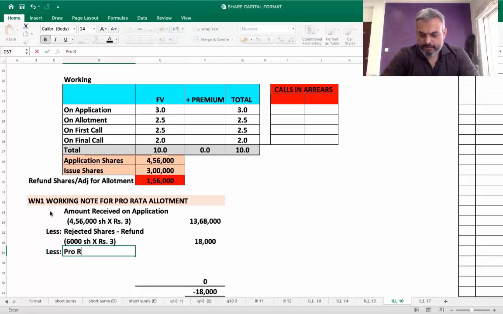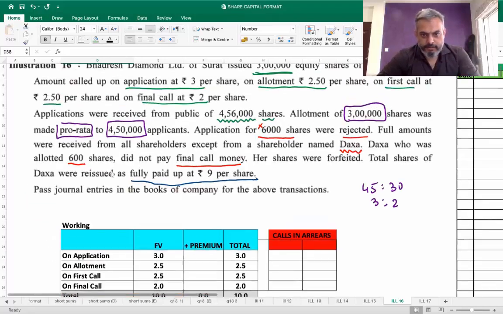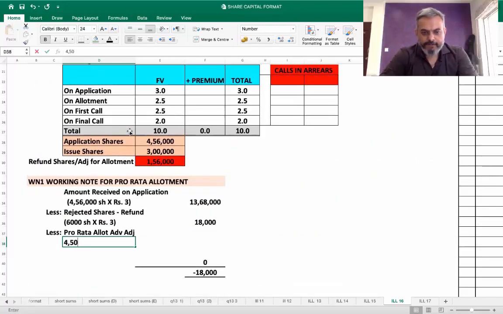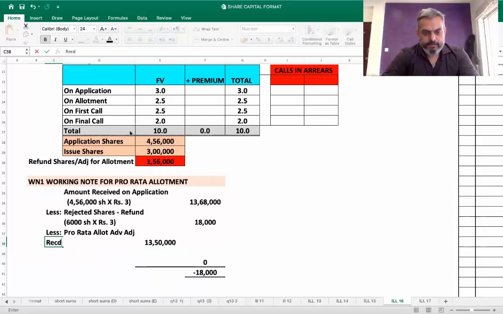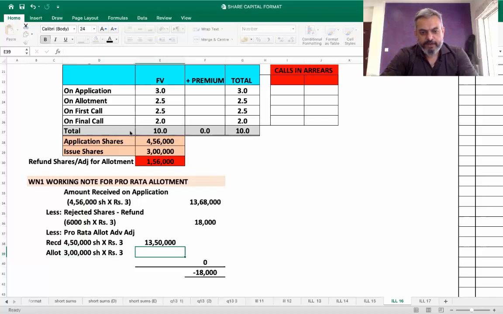Less pro rata allotment advance adjustment. So now how much we have received? Total 4,50,000 applications. So 4,50,000 shares into rupees 3 per share, which comes to 13,50,000. This is received. This is allotted. We allotted 3 lakh shares into rupees 3 per share. So 9 lakhs.